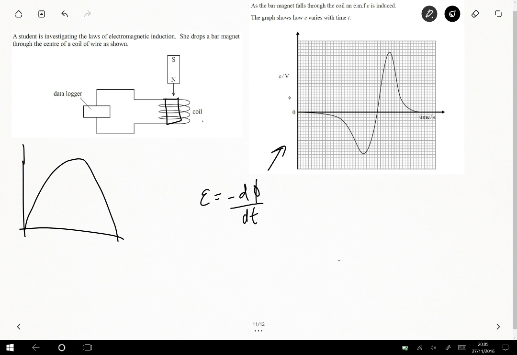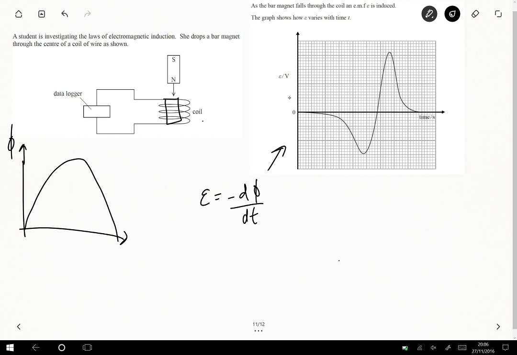So the equation for EMF is minus d phi by dt. The minus is Lenz's law, which says that the EMF will oppose the change that's caused it. The d phi by dt is the change in magnetic flux with time.